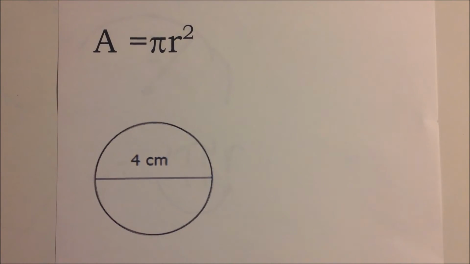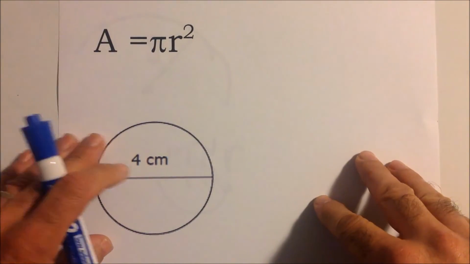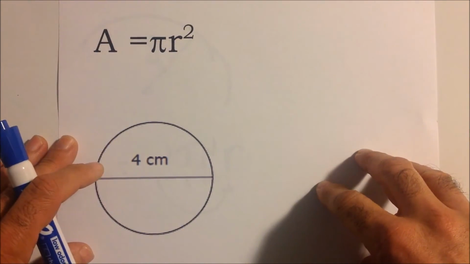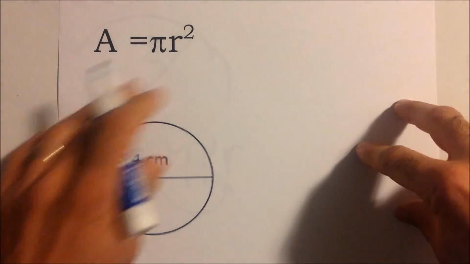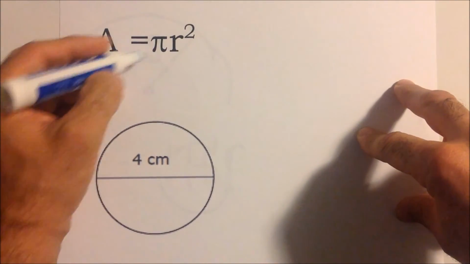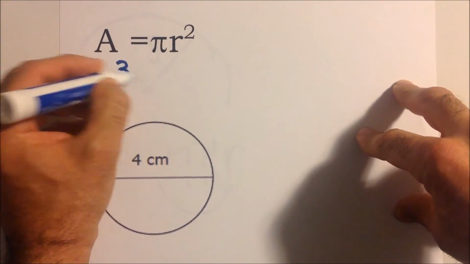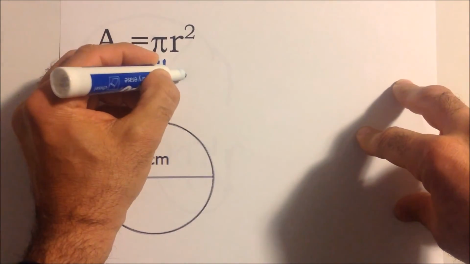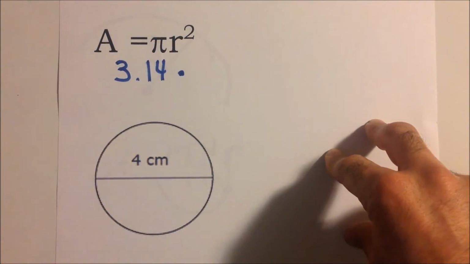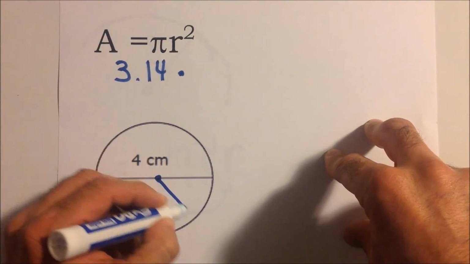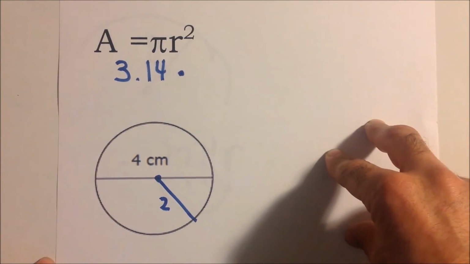Okay, so now this one is not tricky, but you'll get the same answer actually for the area and circumference. So let's do the area first, since we have it up here. So the area is pi, so we know that we need 3.14. And we want to times it by the radius squared. We don't have the radius, we have the diameter. But remember, the radius is half the diameter, so the radius would be 2.